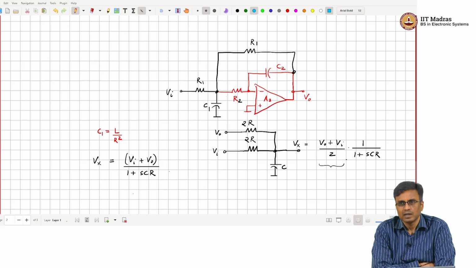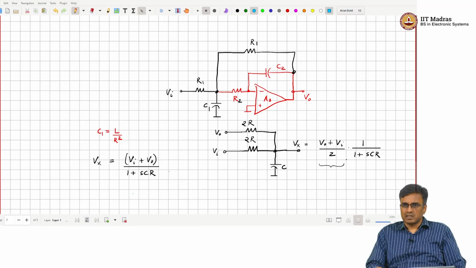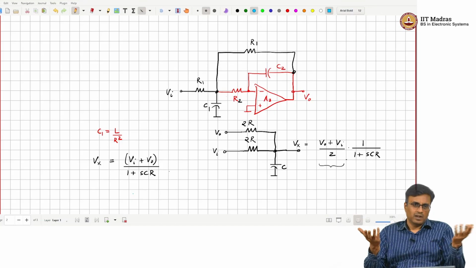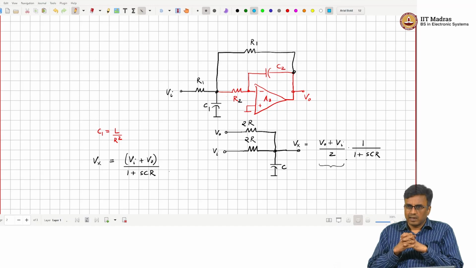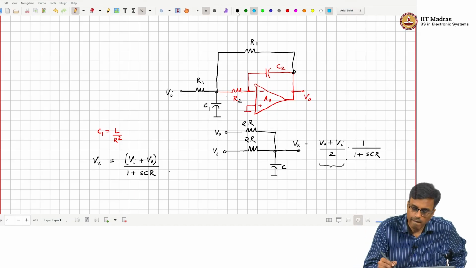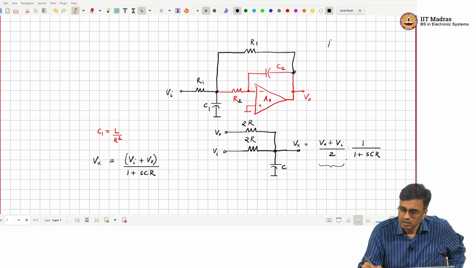You must understand that there is no free lunch. If you get rid of so many components, you will have to pay somewhere else. You understand? So this is a famous structure, called the Rausch filter.